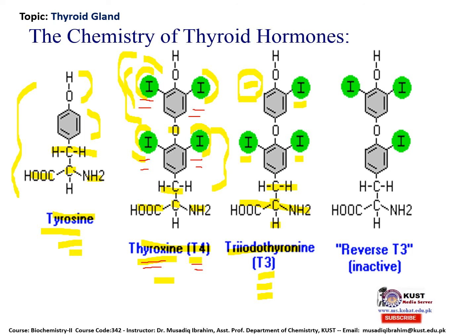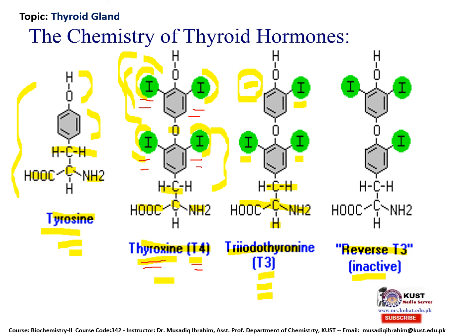triiodothyronine. Now there is another modified structure which is known as reverse T3, and this is the inactive form of the thyroid hormones.